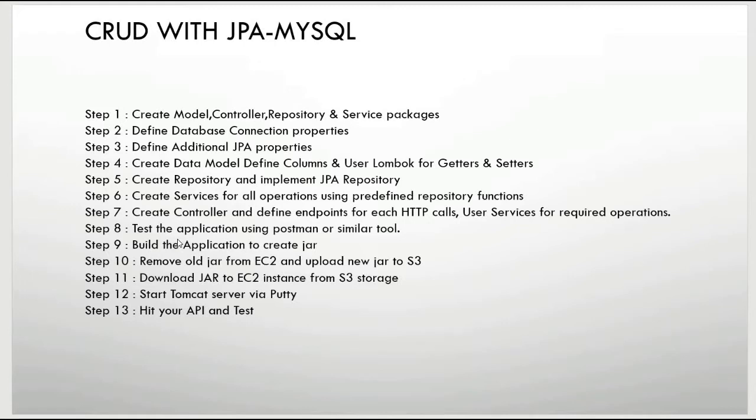Before we go further, let me give a simple explanation of how we would do it. The first thing we will have initially is a database, which has its URL or host name, and your username and password.